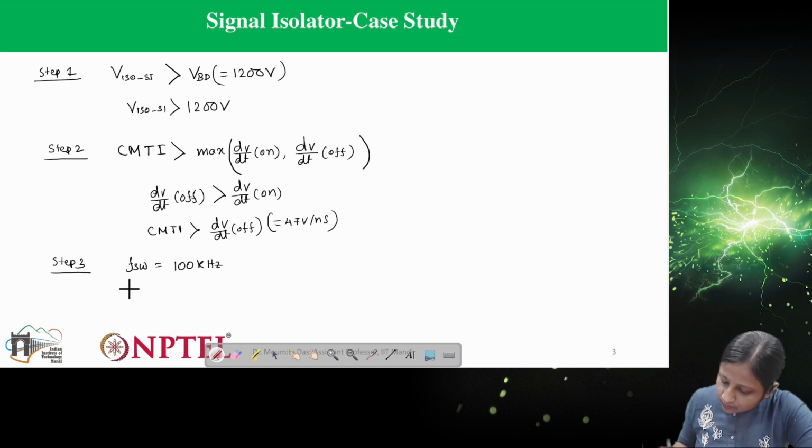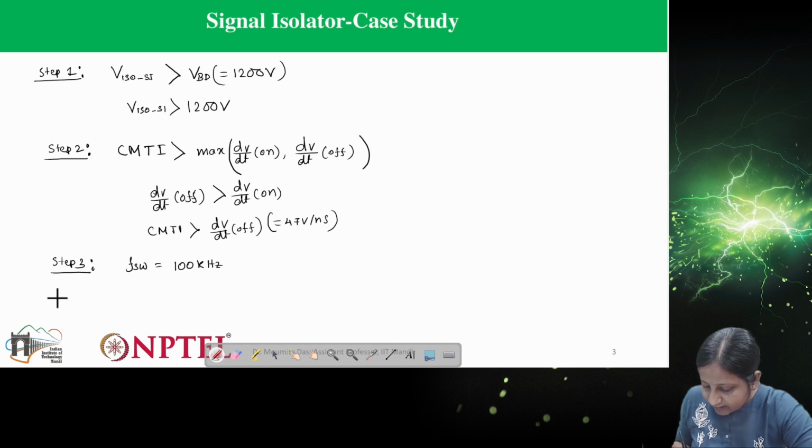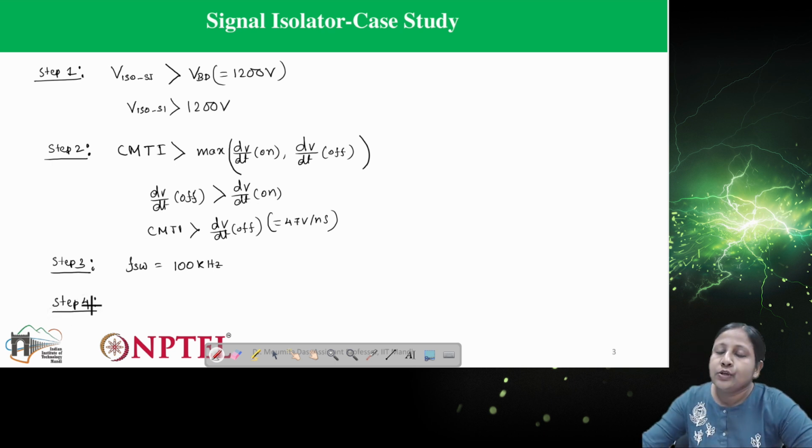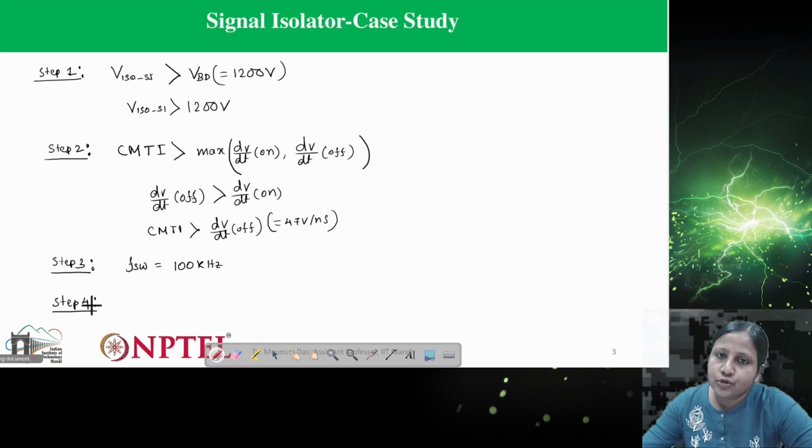Okay, now switching frequency is selected. Switching frequency if we have, then the last parameter we need to consider in this particular component is the propagation delay. So propagation delay should generally be considered as 1% of the switching period.